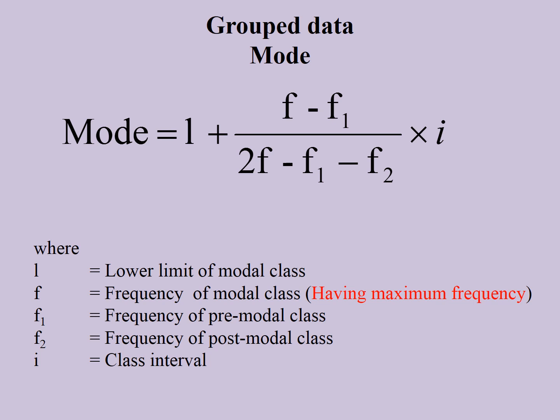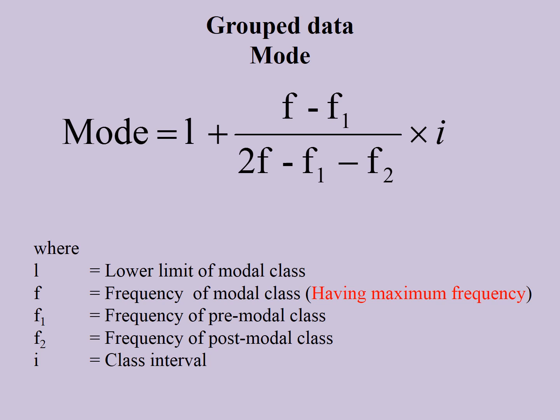So the formula for mode is: Mode is equal to L, where L stands for the lower limit of the modal class. As we saw with the median, you have to select a modal class, like we selected the median class in the previous example.